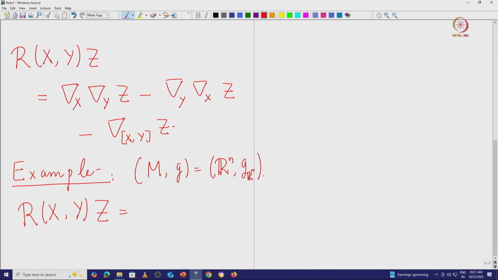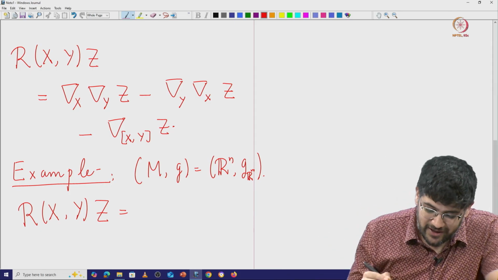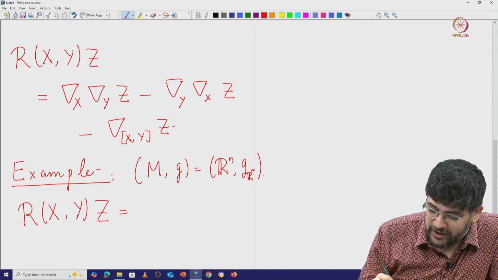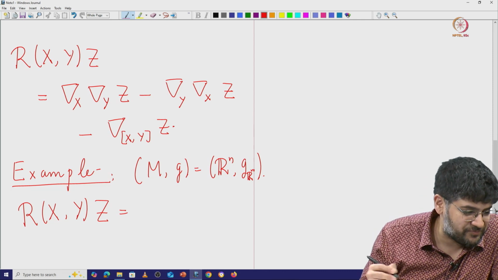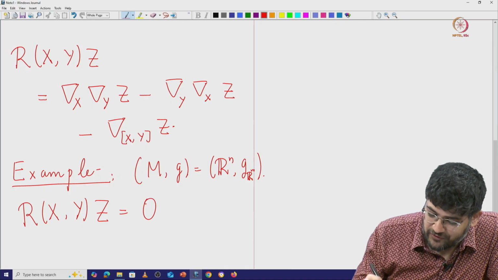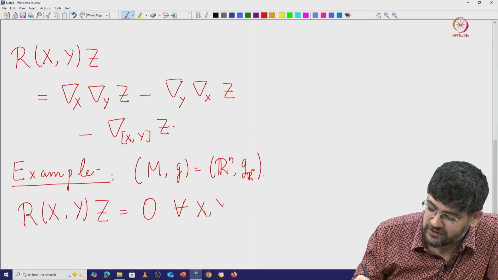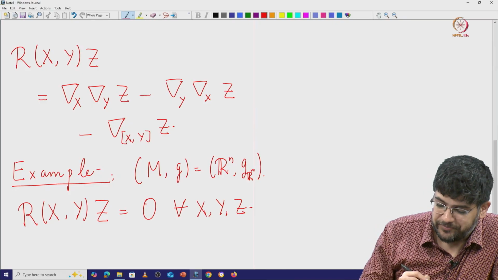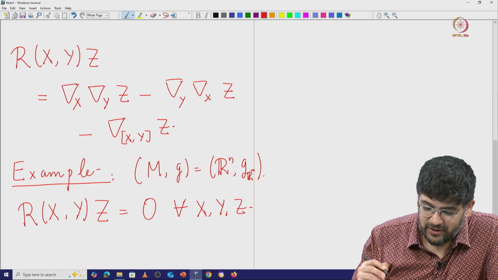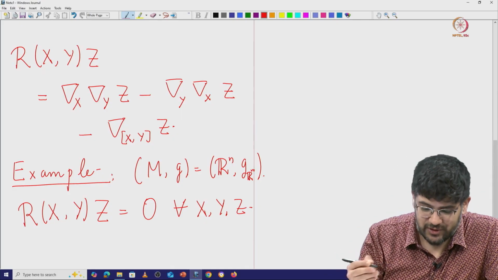And then for the usual differentiation, we have this theorem that we learn in any multivariable calculus course, namely Clairaut's theorem, which tells us that mixed partial derivatives are equal. So that in the present context would imply that the curvature endomorphism vanishes for all choices of X, Y, Z. Okay, so that's an easy check.